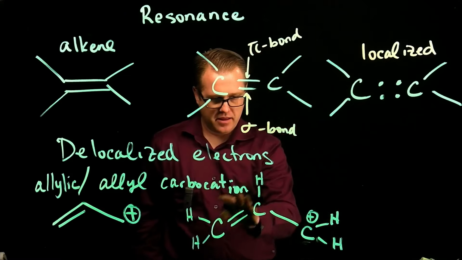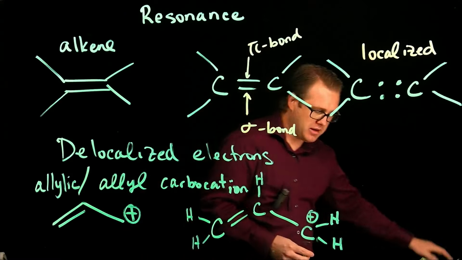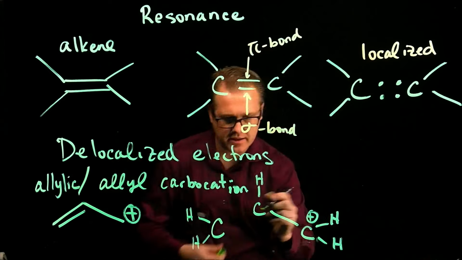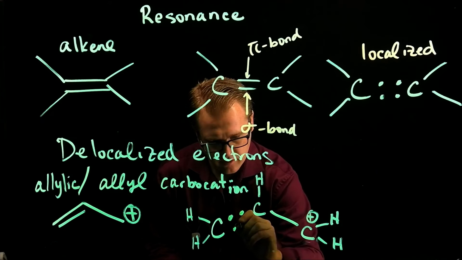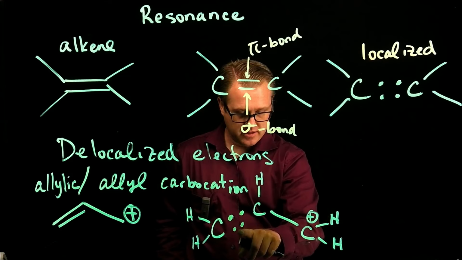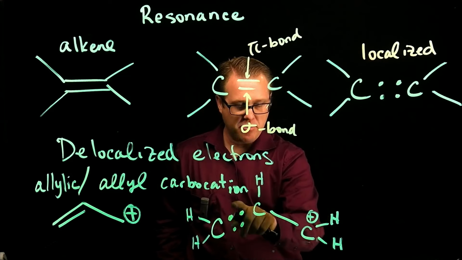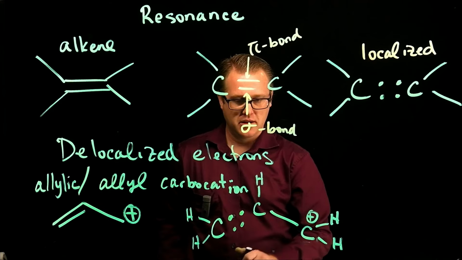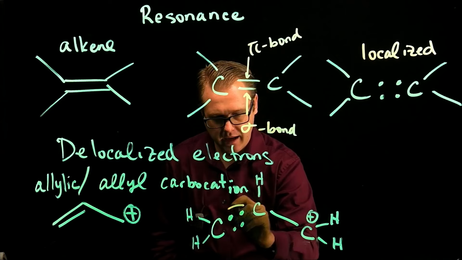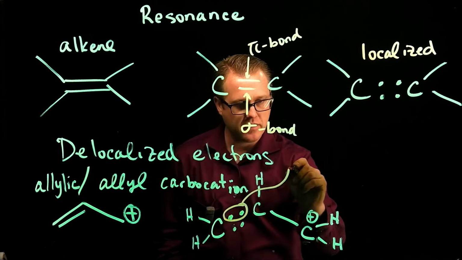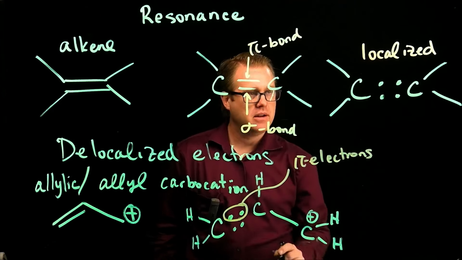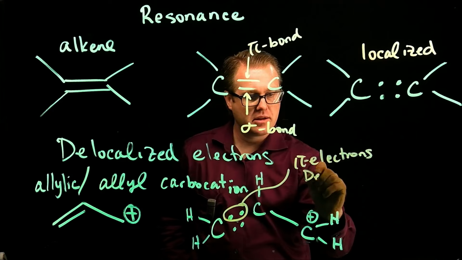Now, if I take this representation right here and draw this like this, so we'll say the lower one is the sigma bond, and the top one is the pi bond. What's interesting is these pi electrons. So we'll just write it over here. These pi electrons, they are delocalized.